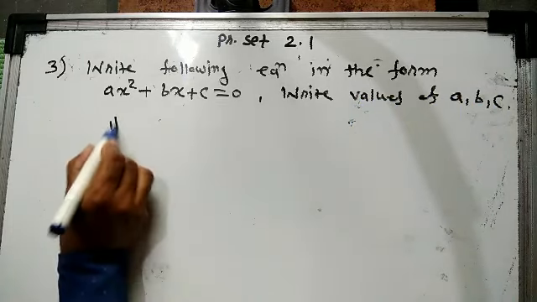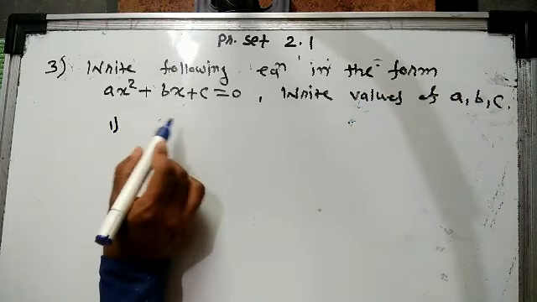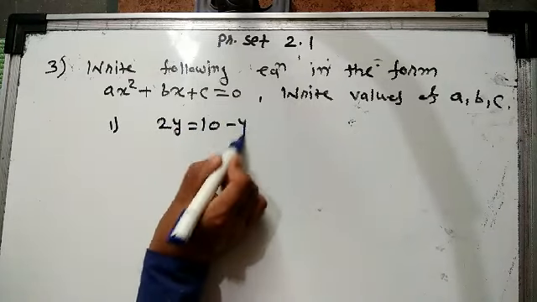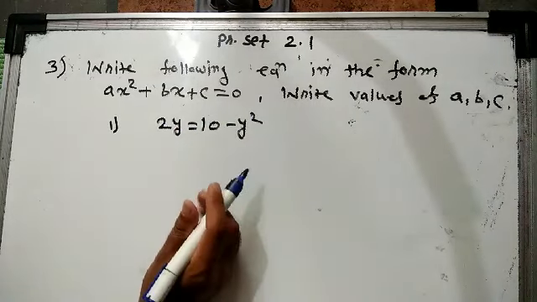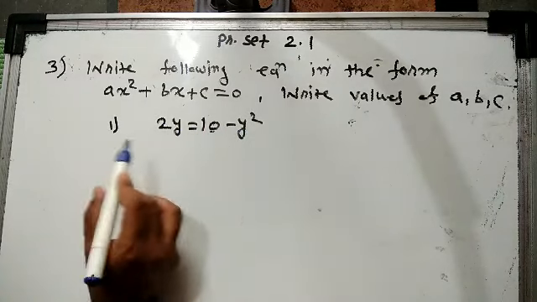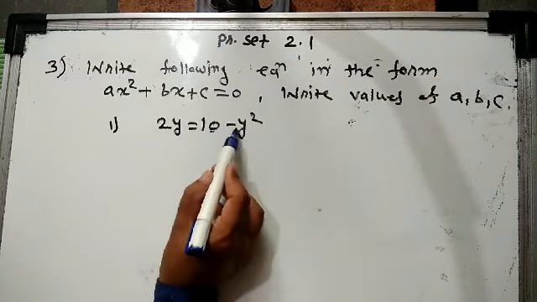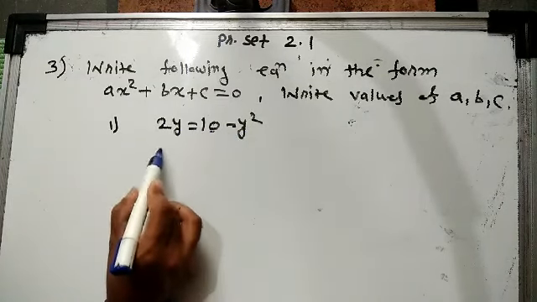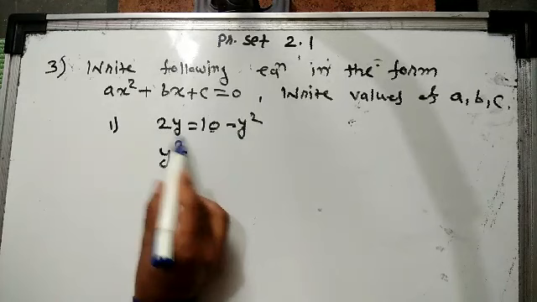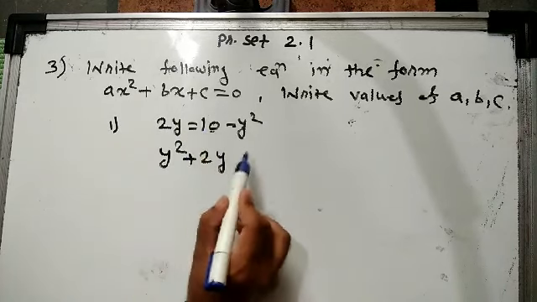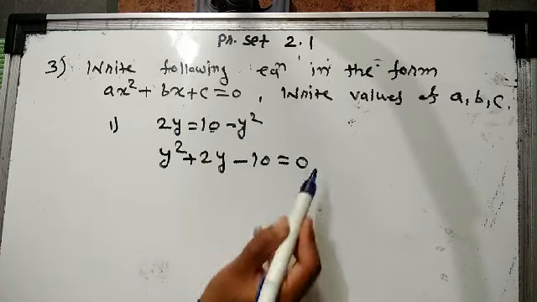Here the first, this type of problems are also very simple. 2y is equal to 10 minus y square. Write this 10 minus y square to the left hand side. When we write this minus y square to the left hand side, it is y square. Write down this term plus 2y. When we write this 10 to the left hand side, minus 10 is equal to 0.